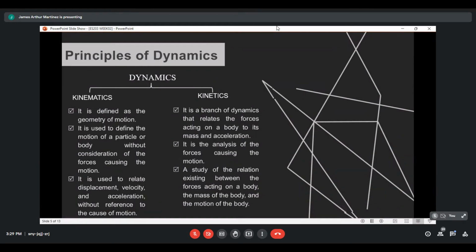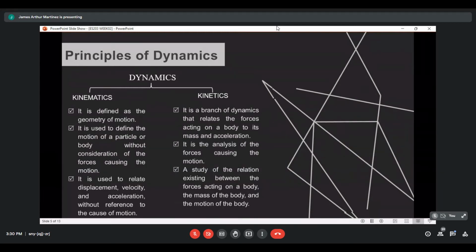So clearly, our consideration in kinematics is that we are focused on and studying the movement of the body alone. So we no longer consider the force that caused its motion. Of course, an object will never move without an unbalanced force applied to it.